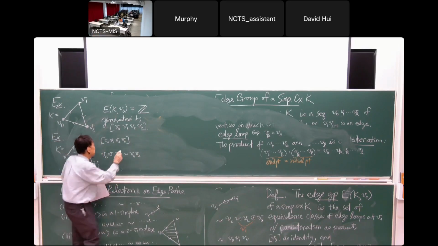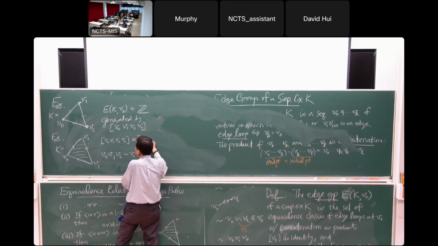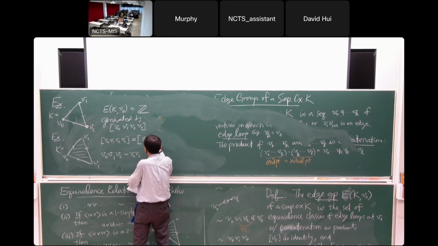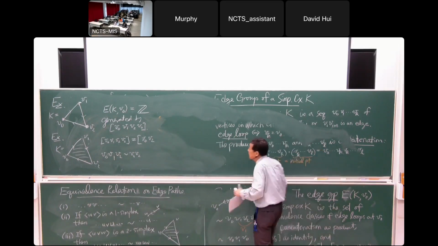So as the equivalence class, V0, V1, V2 is V0, V2.